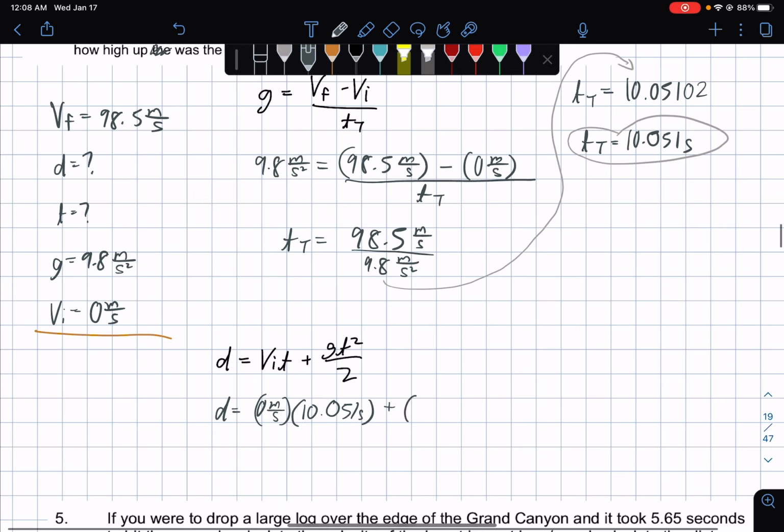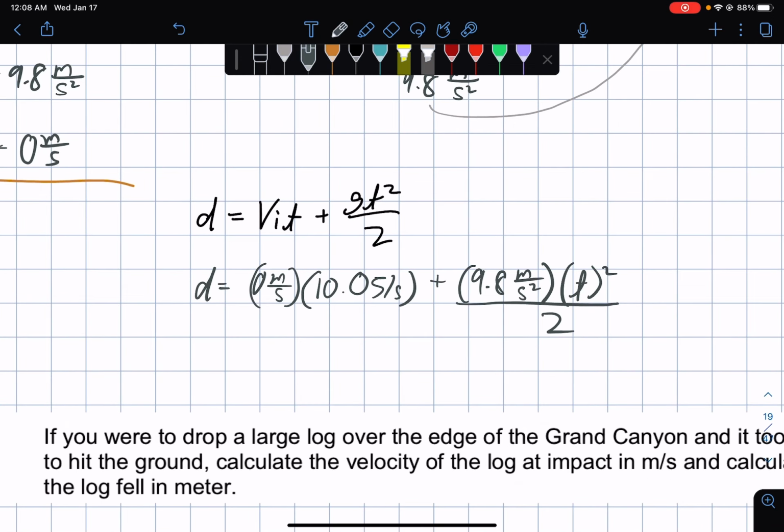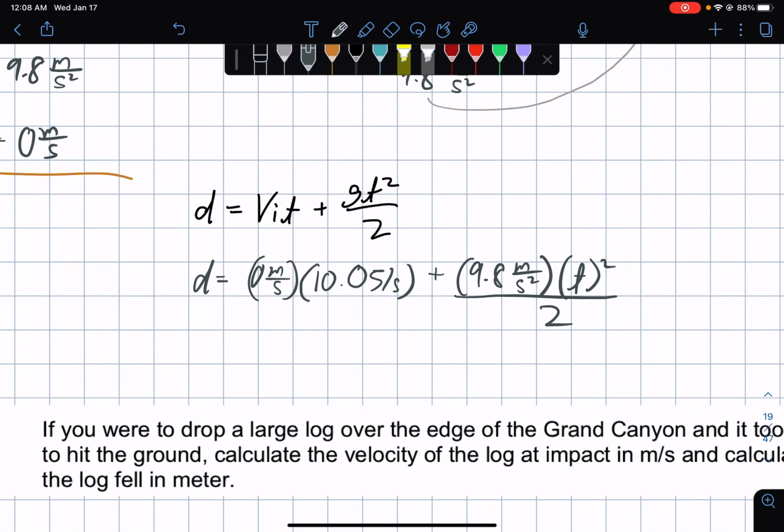Okay, G is 9.8 meters per second squared. Time is already given. Why do we keep forgetting? Anyways, 10.051.